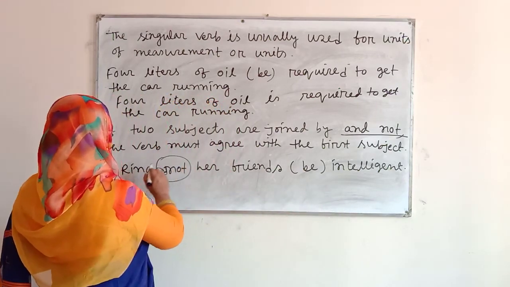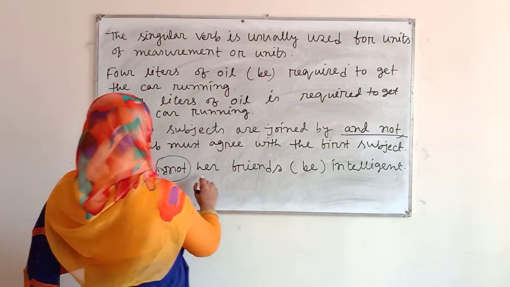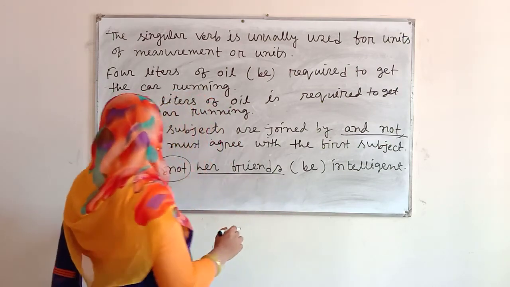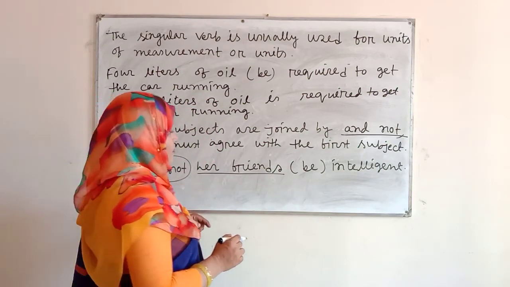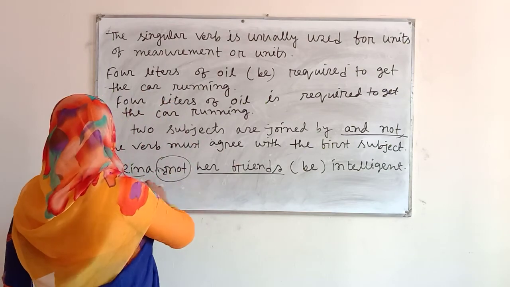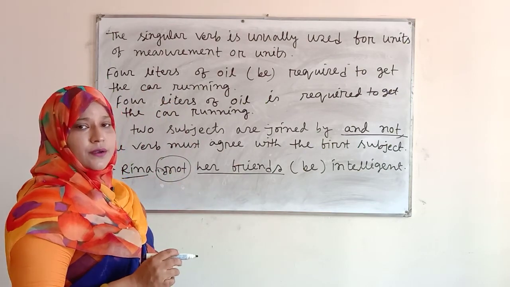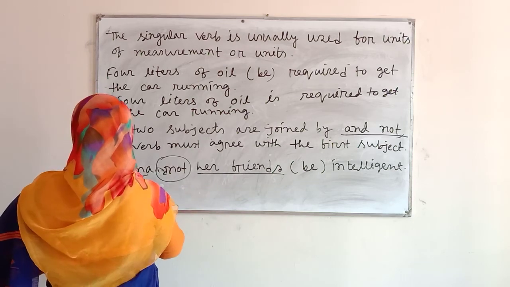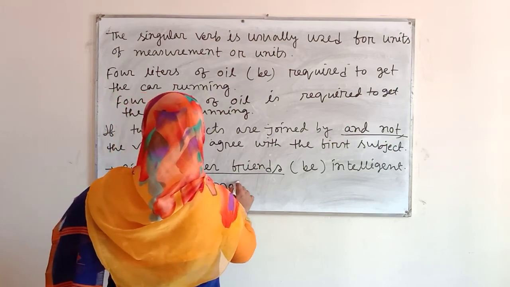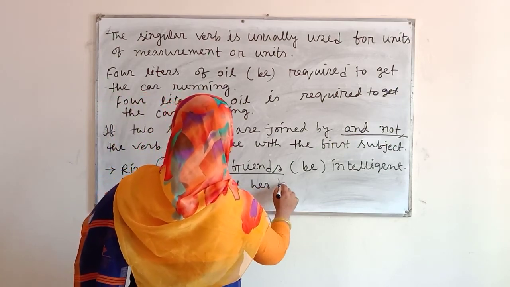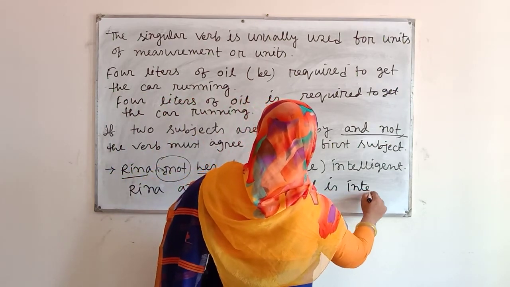Dear students, here subject Rina and her friends, they are joined by and not. So the verb must agree with the first subject, that is Rina. Our answer is Rina and not her friends is intelligent.